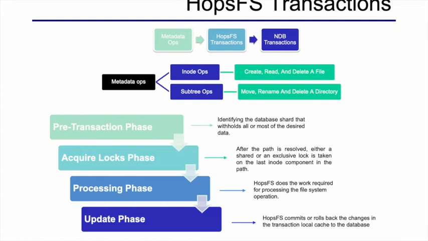Let's talk a little bit about how the metadata serving layer takes care of file system operations requested by the clients. The file system's metadata operations are encapsulated in HopsFS transactions that internally map to NDB transactions, which were mentioned previously. HopsFS divides the file system metadata operations into two categories: inode operations and subtree operations.